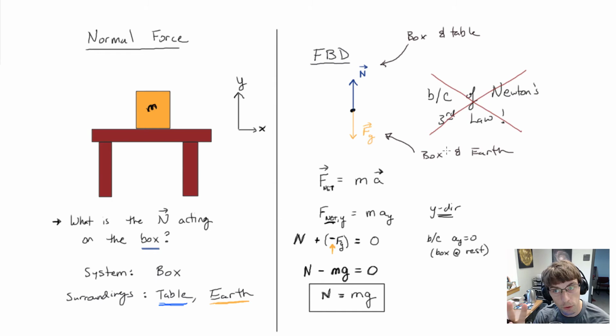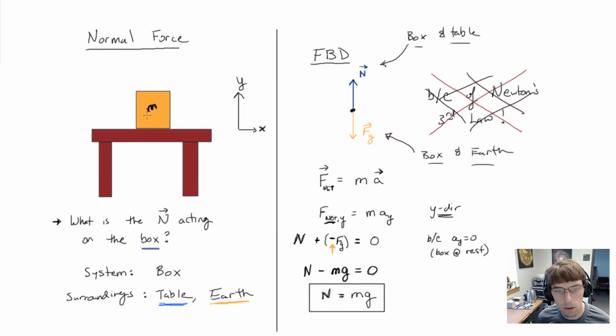And you're looking at the forces between two objects. Here you're looking at the forces of three objects, right? The box, the table, and the box and the earth. So this is not a third law pair. Okay? Even though they are the same magnitude, opposite directions, that is not a third law pair. Okay? Convince yourself that's the case. Okay? Good.